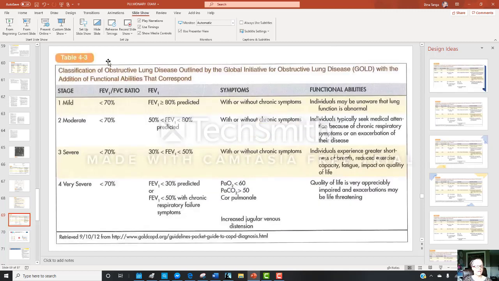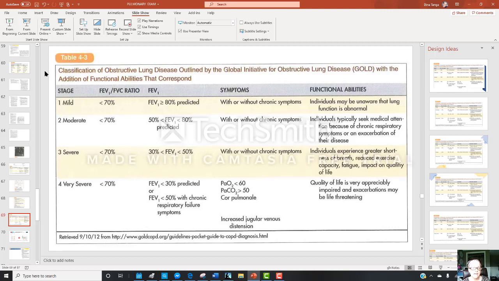Okay. Classification of obstructive lung disease outlined by the GOLD, Global Initiative for Obstructive Lung Disease, with the addition of functional abilities that correspond. Mild: FEV1 over FVC ratio, 70%.